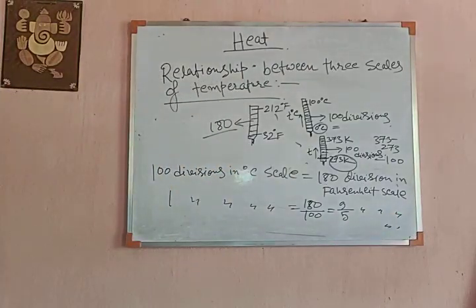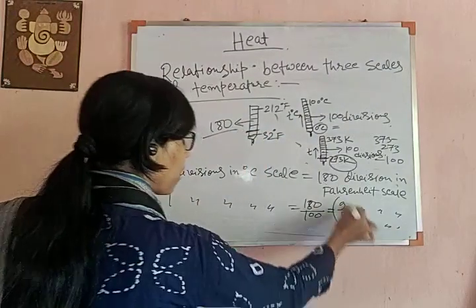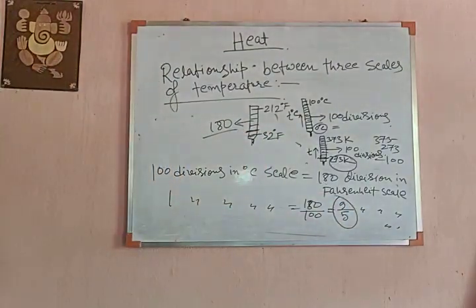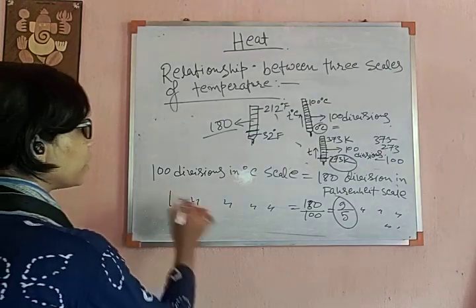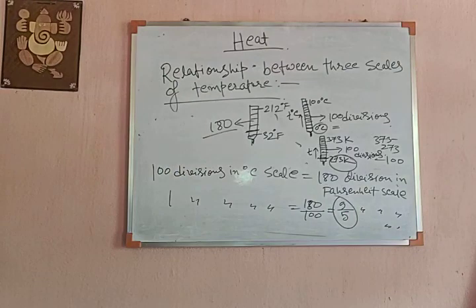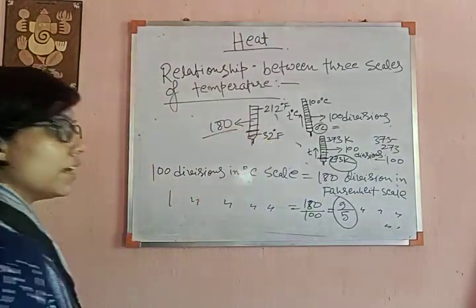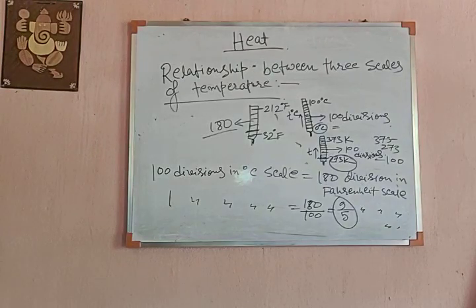That means just 1 division of Celsius scale is 9 by 5 divisions of Fahrenheit scale. By correlating the divisions between the two scales, we are getting that 1 division of degree Celsius scale is equal to 9 by 5 division of Fahrenheit scale. That means 1 division of Fahrenheit scale is 9 by 5 times higher than that of degree Celsius scale.